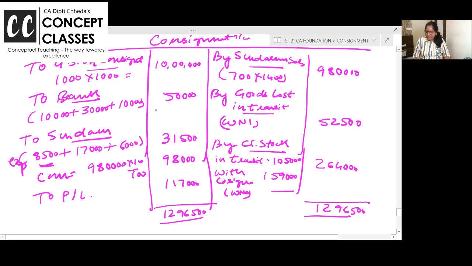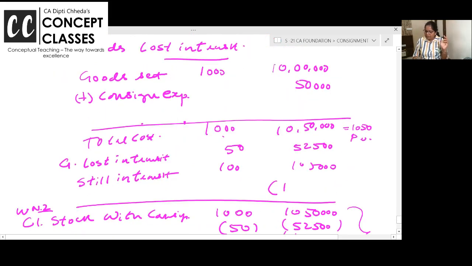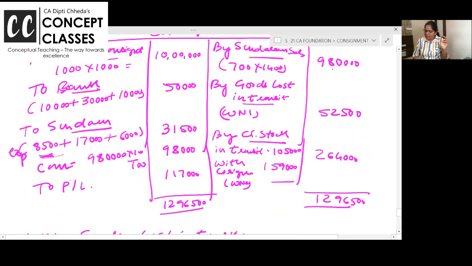Okay, 50,000 is our expense. 31,500 is consignee's total expense, but I have underlined because this is a non-recurring expense. Now 98,000 commission on sales. For goods which are lost in transit, take only consignor's expense. But present it separately. Lost in transit, write it.